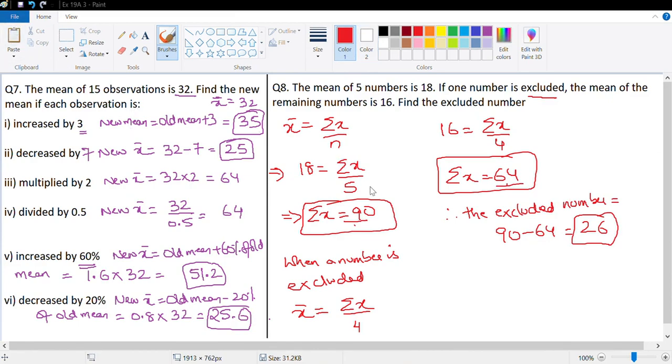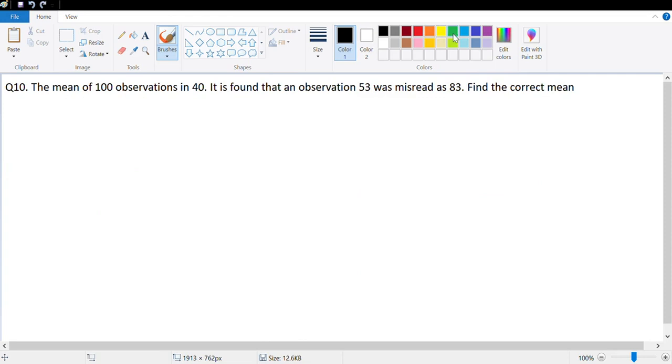The next question that we are doing is question number 10. It says the mean of 100 observations is 40. So here n is given equal to 100 and mean is given equal to 40. It is found that the observation 53 was misread as 83. Okay, so this is equal to the incorrect mean.